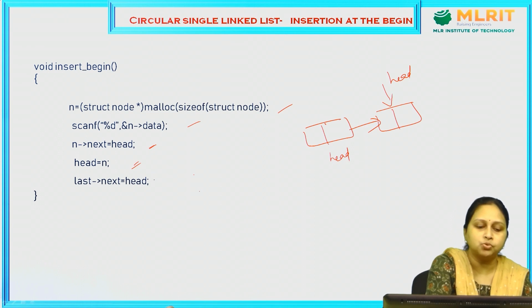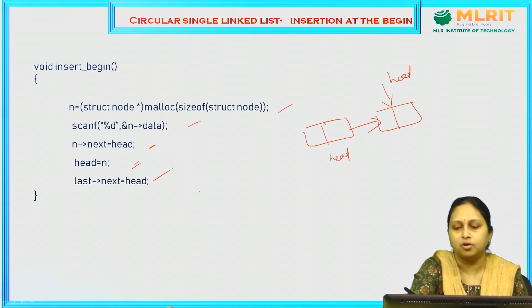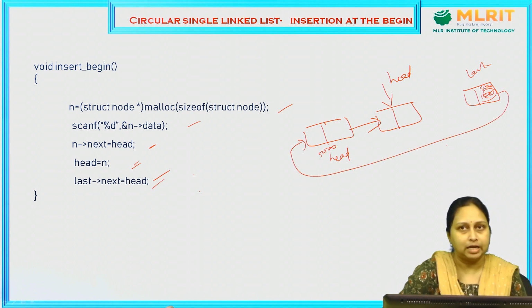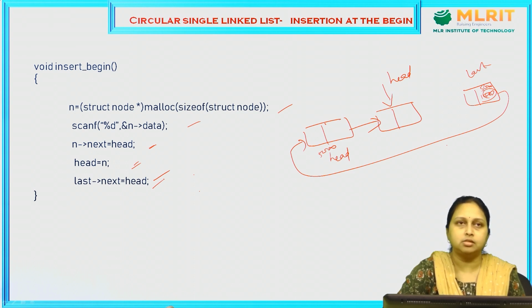At last we store the address of the last node. This is the last node which we have represented. Previously it is 1000, now we store 5000, the new node address, so that it will make the link like this. This is inserting a node at the beginning of the list.